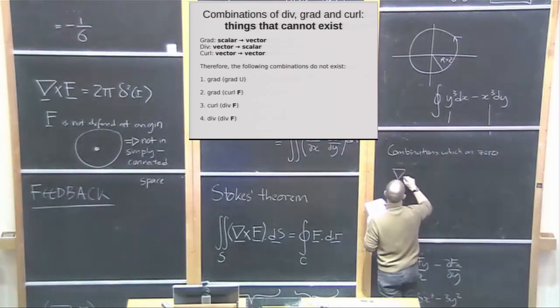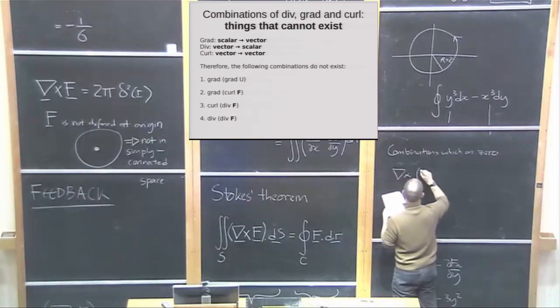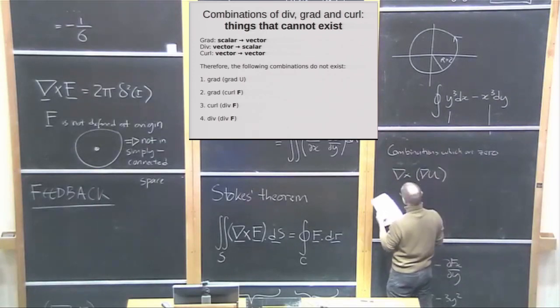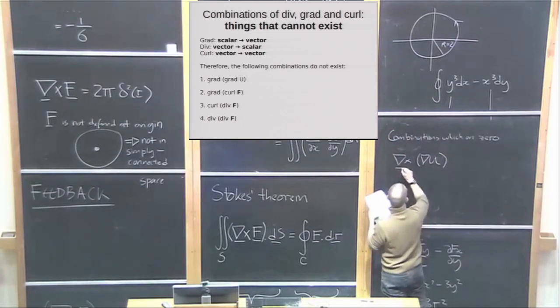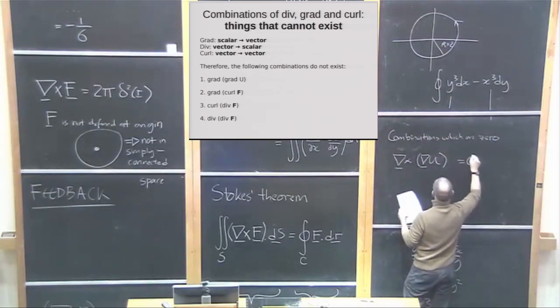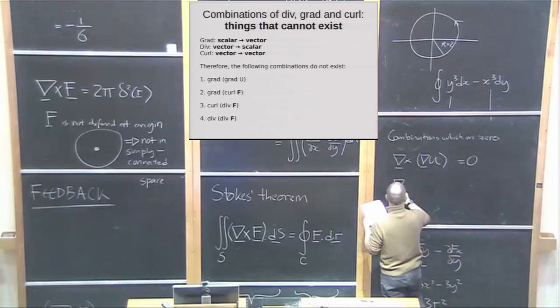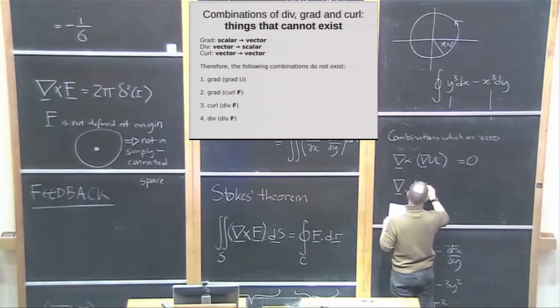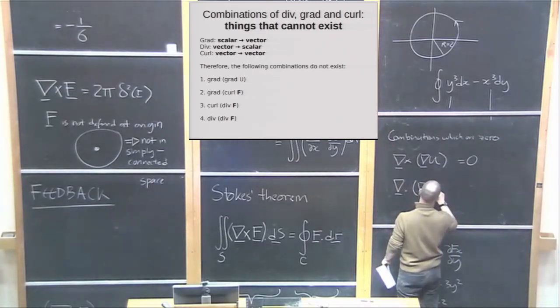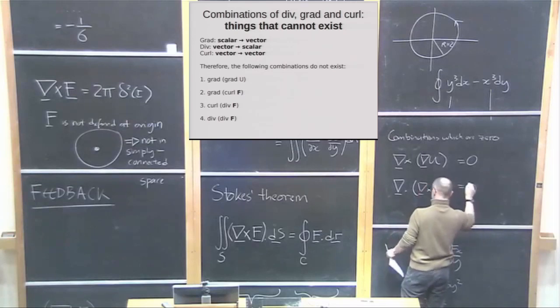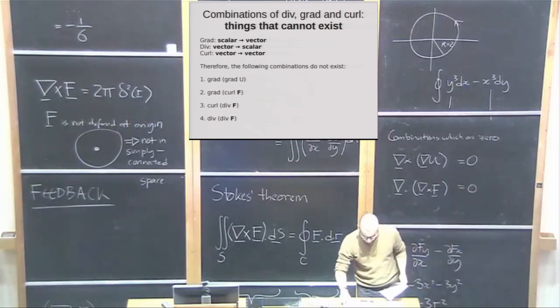And they are the curl of the gradient, that is always zero, and the divergence of the curl is always zero.